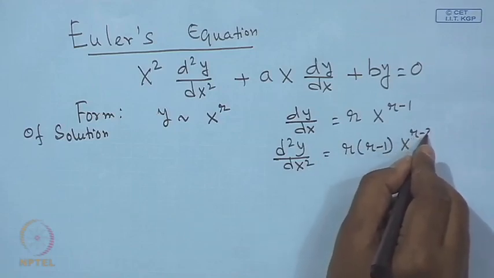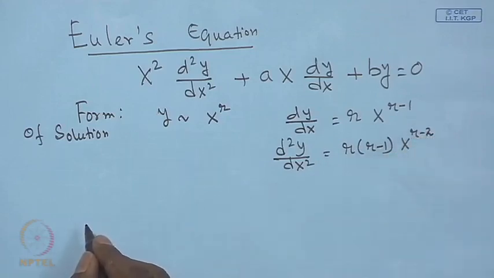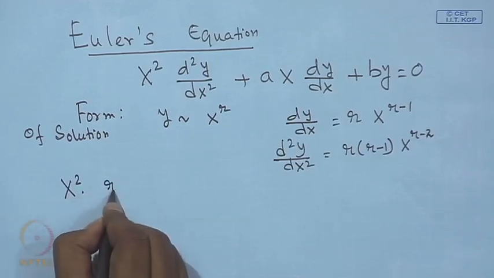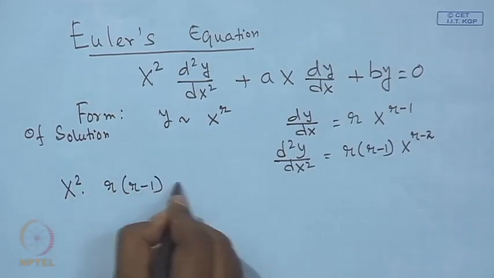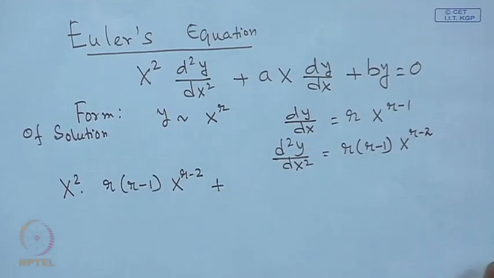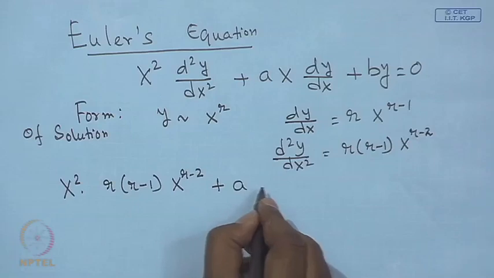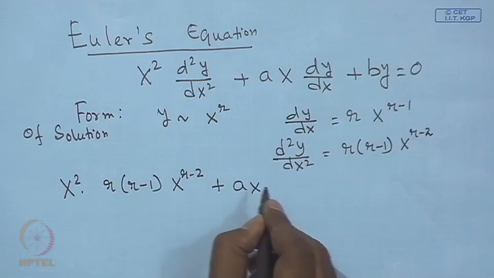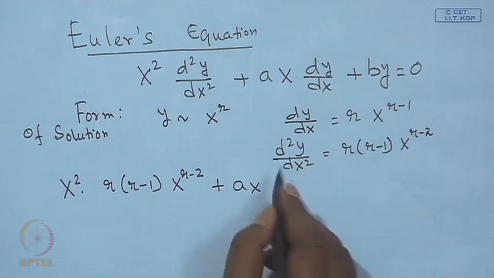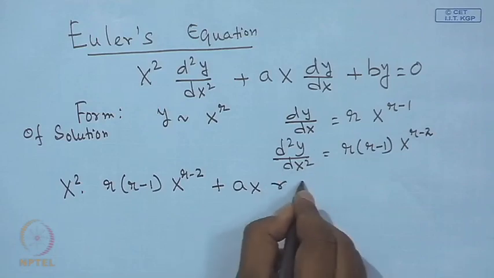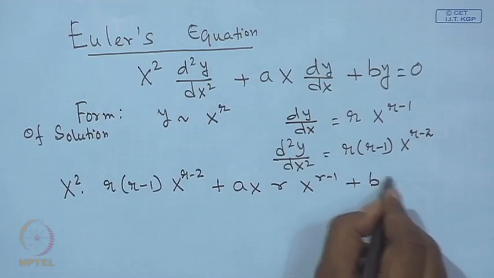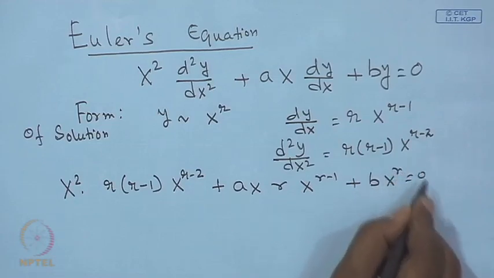power r minus 2. So, if we put it in the governing equation, x square r into r minus 1 x to the power r minus 2 plus a x times dy dx, which is r x to the power r minus 1, plus b y, which is x to the power r, is equal to 0.